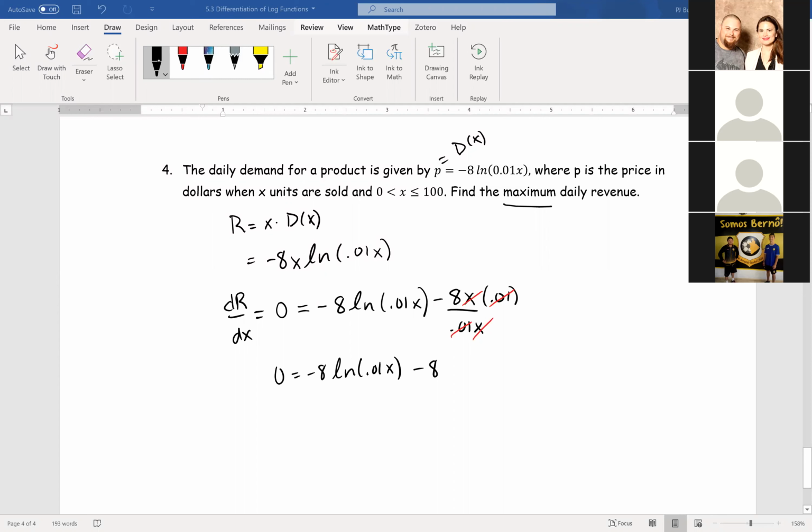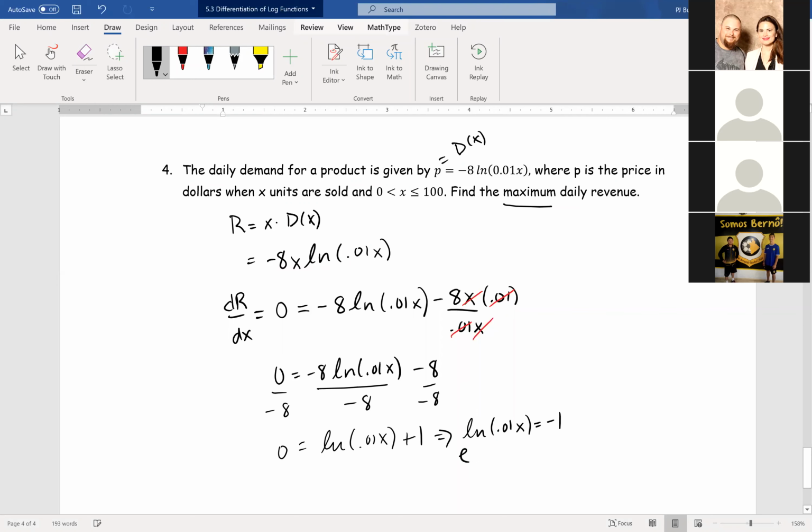So we could divide through by -8. Have that. Just got to continue to solve for x, so get the natural log by itself.